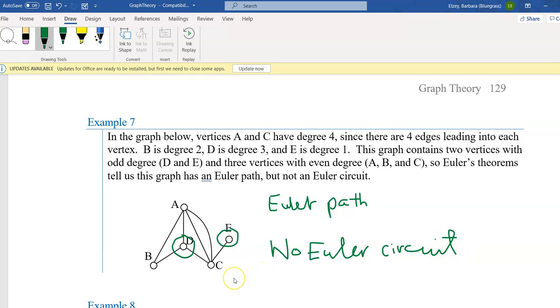Okay, so let's just find a path. Now, to find a path, if it has odd vertices, we always start at one of the odd vertices.